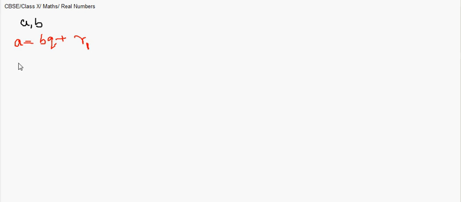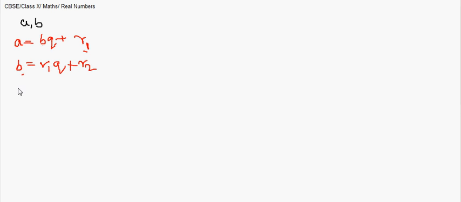Now the second step becomes this: B comes down, and that is expressed in terms of R1. So it becomes R1Q plus R2. Again, suppose at this stage you are still left with a remainder, which I'm referring to here as R2.